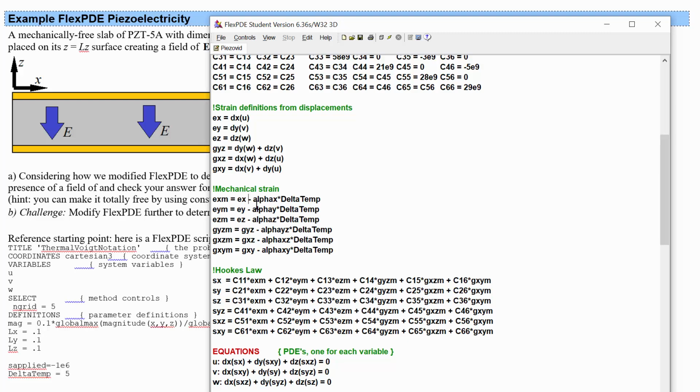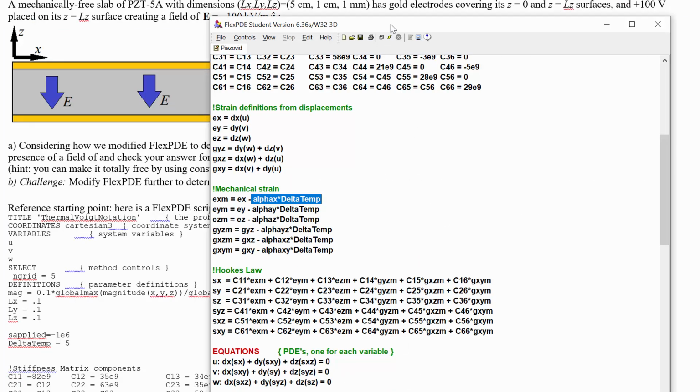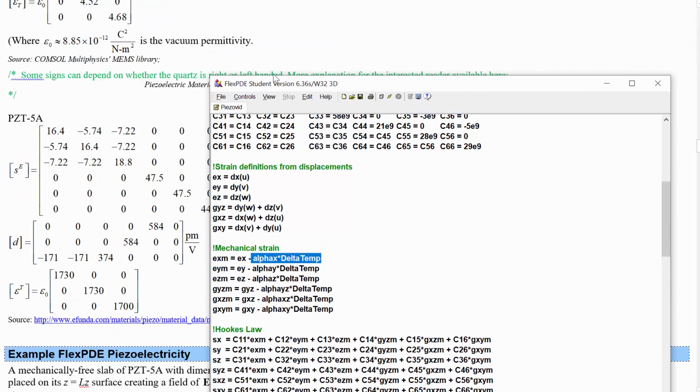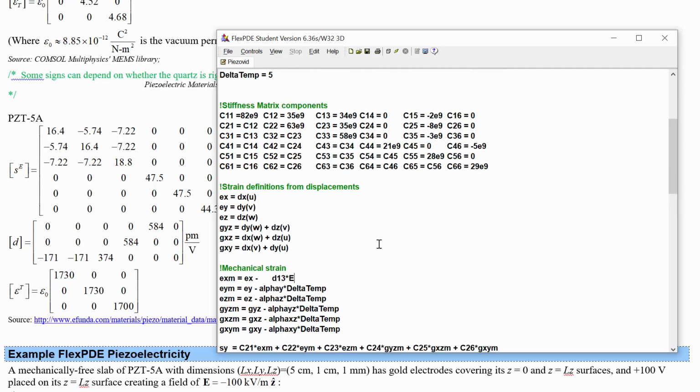So the mechanical strain, rather than being the regular strain and then subtracting off the alpha times the temperature change, we're going to be subtracting off the piezoelectric effect. So the piezoelectric effect from our constitutive equations is going to be the transpose of the D matrix times E. Now, we have to choose something carefully here to not run into the rest of the symbols.